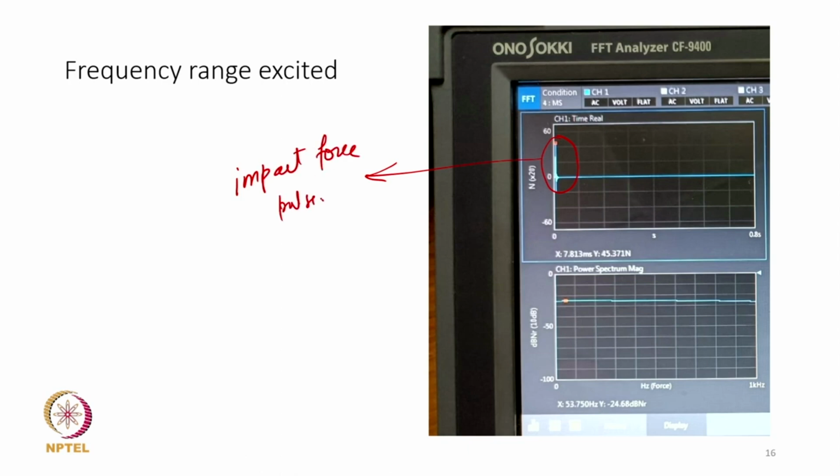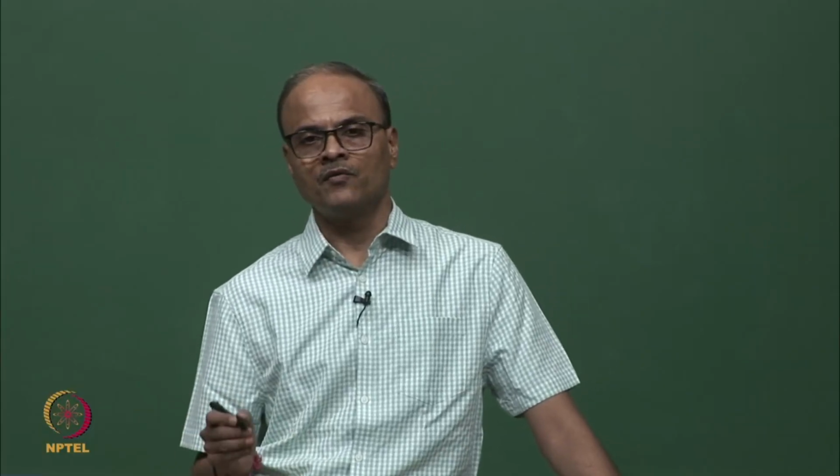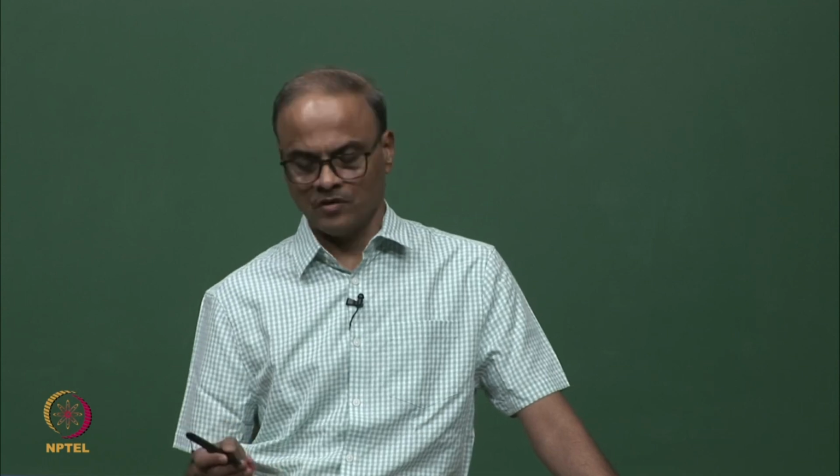The lower figure is the power spectrum of the force, where the y axis is in dB and the x axis is the frequency in hertz. The spectrum magnitude is almost uniform throughout the range, which means that the signal has sufficient energy over the 0 to 1 kilohertz range, and therefore it can be used for excitation of the structure over this range.